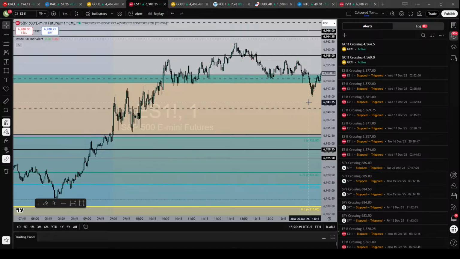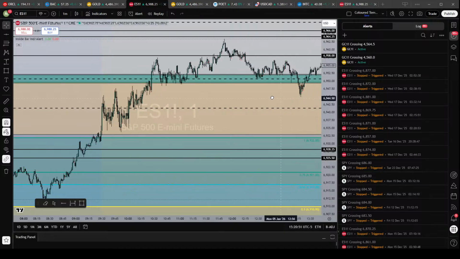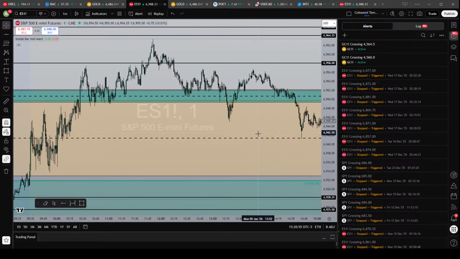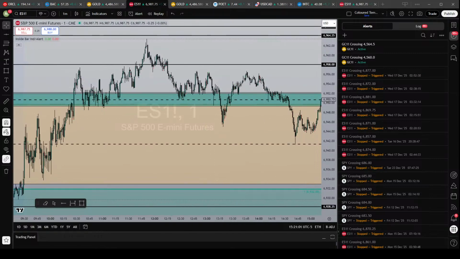Do you see this? This kind of set the tone. This is how I knew that we were stuck yesterday. And I mentioned that when mid-session occurred, they're probably going to keep this stuck. I think they kind of capped range and they're probably just going to keep this stuck.